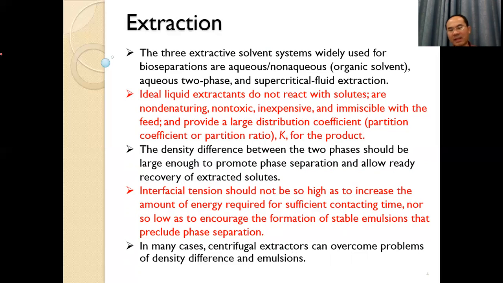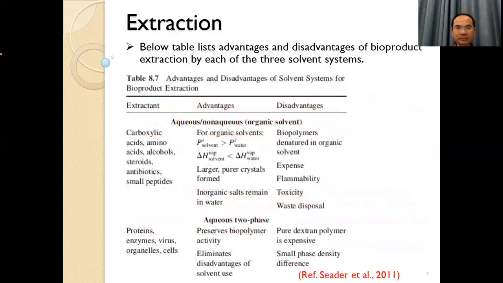For that case, if the interfacial energy is so high or so low, we can solve this problem by using the centrifugal extractor. In this case we do extraction, but mix extraction and centrifugation. The centrifugal extractor can overcome this problem, the density difference and emulsion formation. Okay.